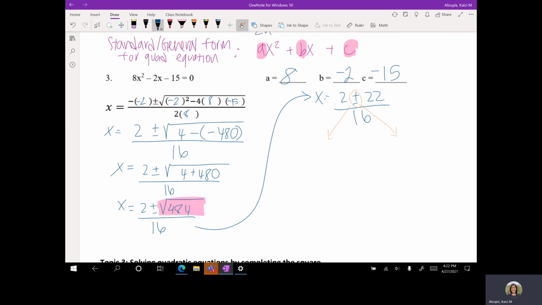So I'm going to write x is equal to 2 plus 22 over 16, and x is equal to 2 minus 22 over 16. The reason why we split it into two equations is because there are two solutions. There's one where we have the addition of 22 and one where we have the subtraction of 22.